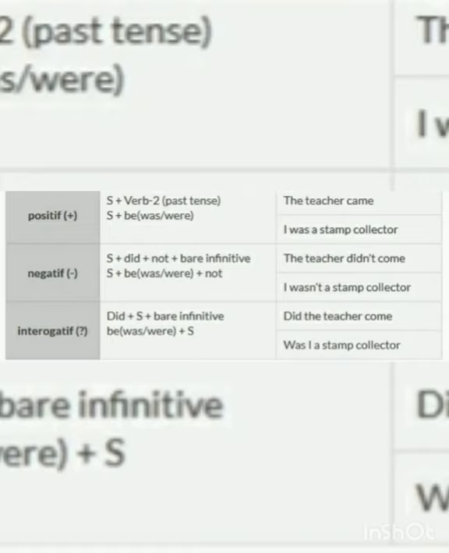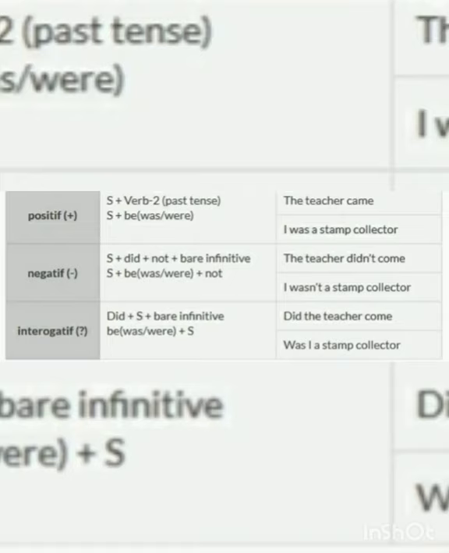And then while framing a negative sentence, the formula is: first comes a subject and then comes did, that is the do form of the helping verb, and then comes not, and then comes the following object. Okay, and if you want to use helping verbs, first comes a subject and then comes helping verbs such as was and were, and then comes not, and then comes the object.